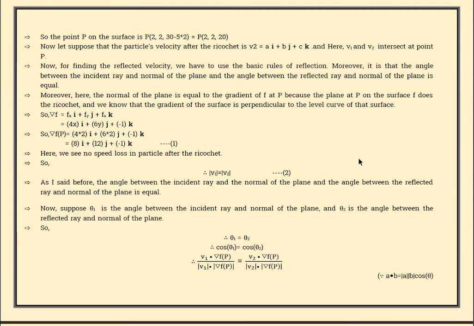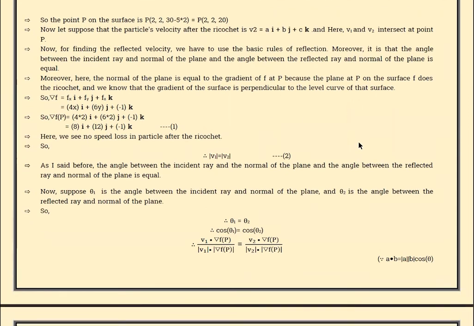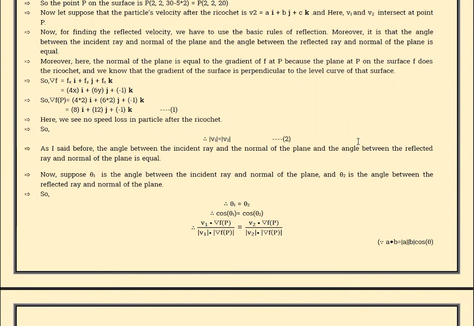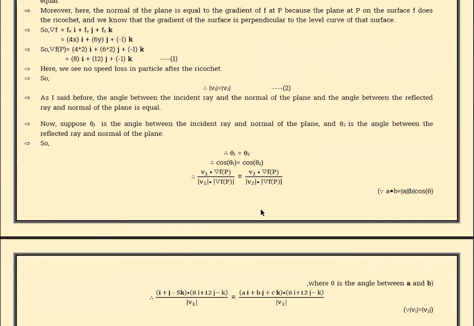And we see that there is no loss of speed. So modulus of v1 is equal to modulus of v2. Now, as I told before, the angle of incidence is equal to the angle of reflection, meaning that theta 1 is equal to theta 2. So we can take the cos value of both sides, and take the dot product on both sides.